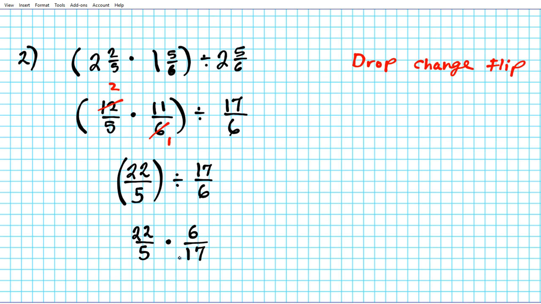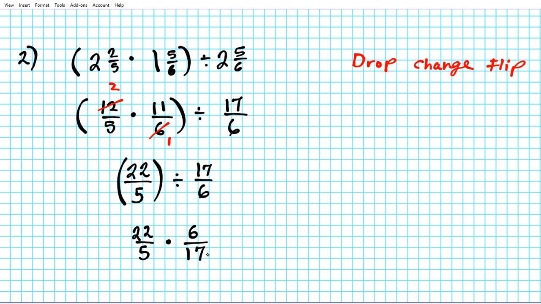All right, so we have this situation right here. Now all we're going to do is ask ourselves, are there any factors that we can reduce? Does 5 have any factors in common with 22 or 6? The answer is no. 17 doesn't go into any of these either. Neither do they have a common factor. These two denominator values are prime.